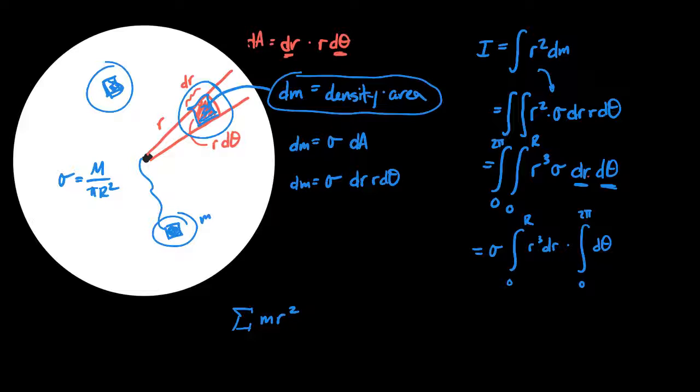So to do that, I have found a set of coordinates I can use to describe where that mass is. My set of coordinates are r and theta. At the same time, I have to use r and theta then to define how much mass is there. So I defined the area of that little piece and multiplied by the density so that now I know how much mass is there in terms of where it is. That's what this process is about.